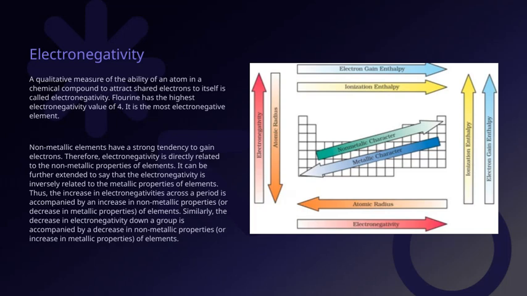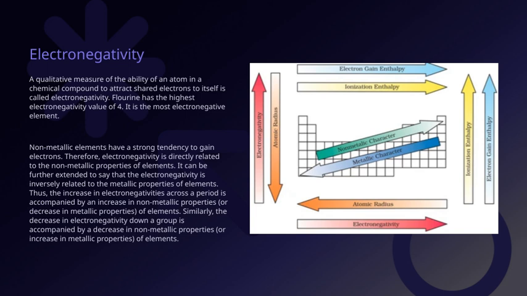Let's talk about electronegativity and how it relates to metallic and nonmetallic properties. Nonmetallic elements tend to gain electrons easily, which means they have higher electronegativities. So, we can see that electronegativity is directly related to nonmetallic characteristics. Conversely, it's inversely related to metallic properties, meaning, as electronegativity increases, metallic properties tend to decrease.